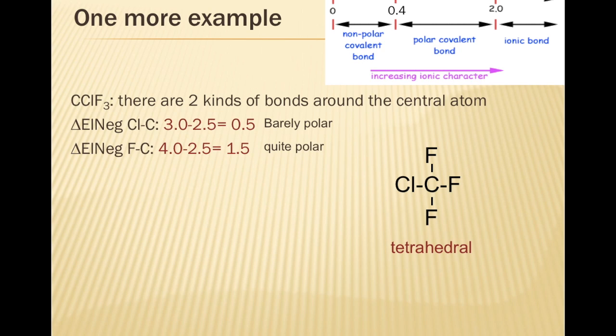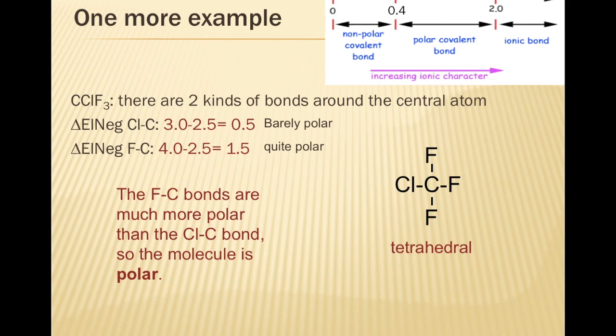And the shape of this molecule, the electron groups arrange themselves as far apart as possible. That's a tetrahedral shape. So it is a symmetrical molecule. However, because there's 2 different kinds of bonds, it actually is a polar molecule. So the fluorine is going to have a more negative charge than the chlorine. So there's an uneven distribution across the molecule.